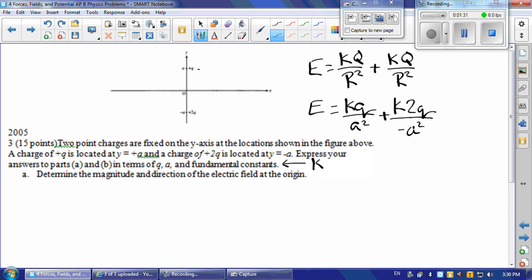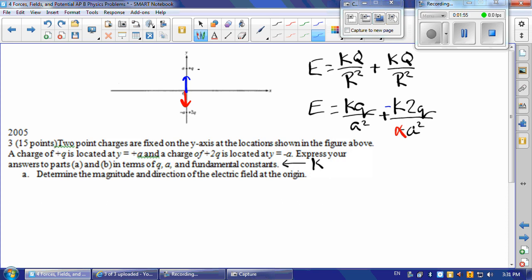So when you run this whole thing through, mathematically, you've got to make sure of a couple little things. First off, the sign is going to go away because that's a square. And second, you have to remember that the field due to this is down, and the field due to this is up, so they're in opposite directions. So don't forget to take care of that.